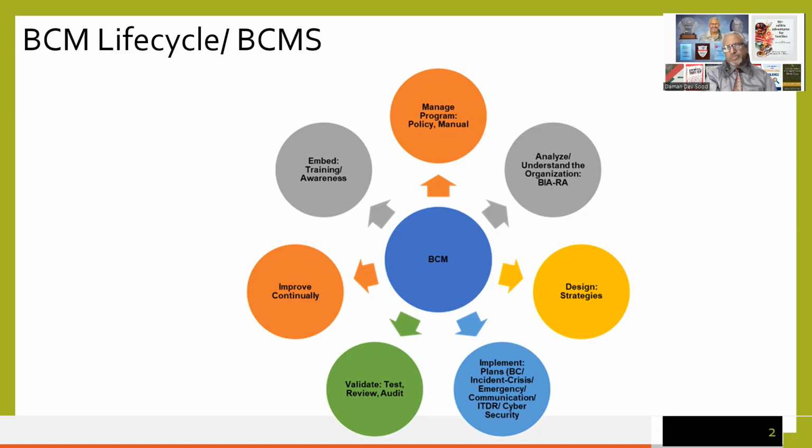So quickly, this is BCM lifecycle or BCMS, Business Continuity Management System, according to BCI's GPG current version 7. You want to implement this and you want to get certified to this. That's what we are discussing today.